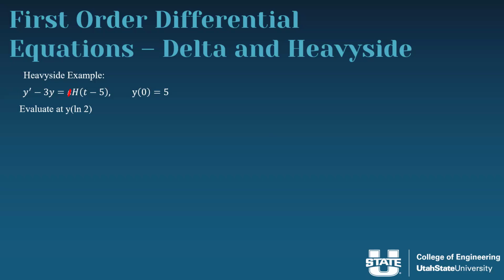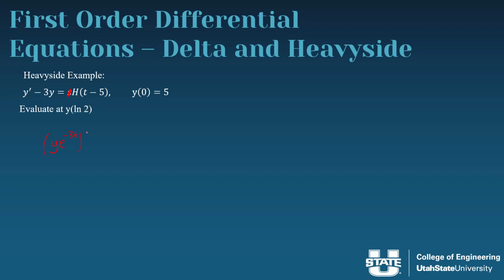So now we're going to solve this differential equation. We have our left side right here, and then we have our forcing function, which is just this Heaviside function that turns on at t equals 5. So we're going to use our integrating factor to solve.